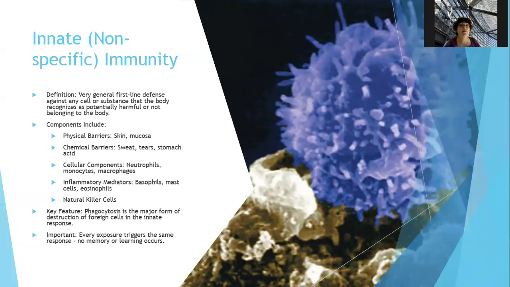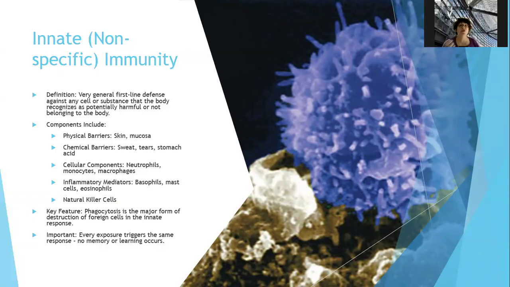So the components of innate or non-specific immunity include physical barriers, like the skin and the mucosa, chemical barriers like the sweat, tears, and stomach acid, cellular components, neutrophils, monocytes, and macrophages. They're out there just kind of cleaning things up all the time, and they're not looking for a specific antigen.